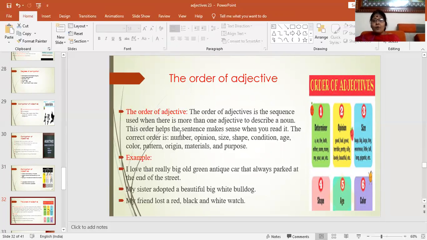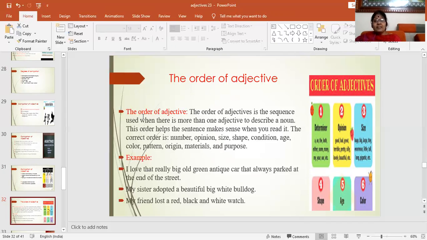Now, the correct order is first you will give number, then you will give opinion, then you will give size, then you will give shape, then you will give condition, then you will tell about the age, then color, pattern, origin, material, and purpose. So, what is the order? First is number, determiner you can use, right?